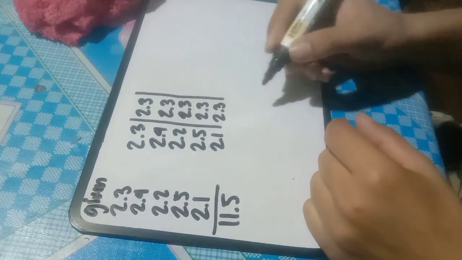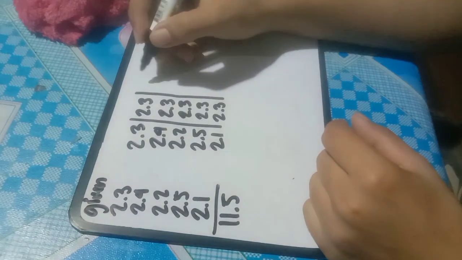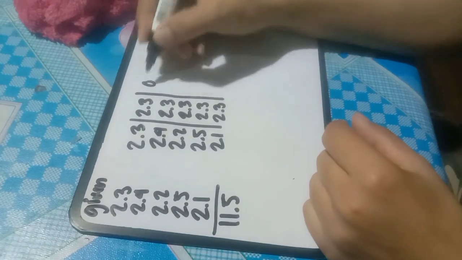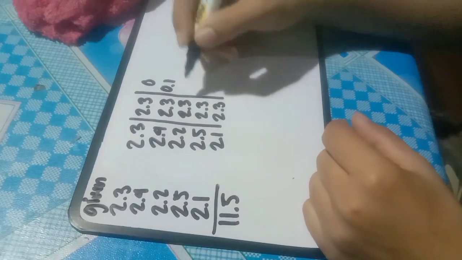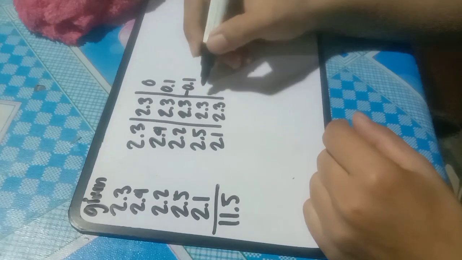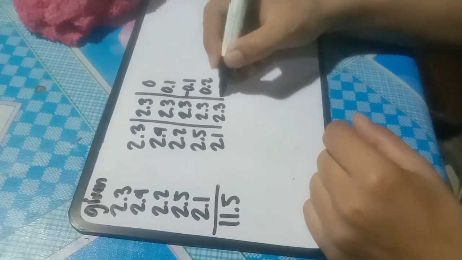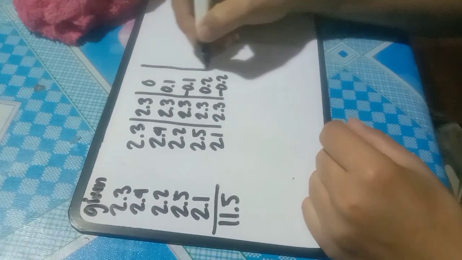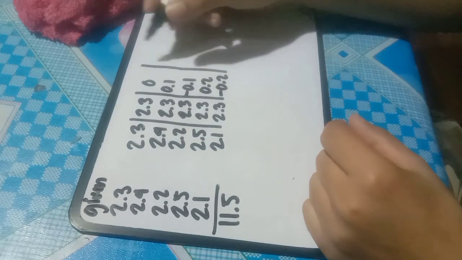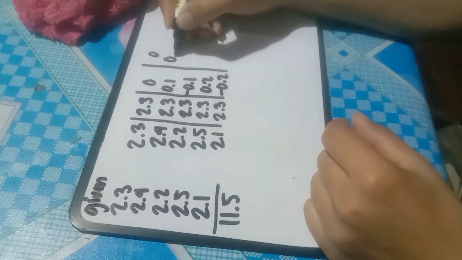The next thing we're gonna do is subtract each other, which is equal to 0, 0.1, negative 0.1, 0.2, negative 0.2.